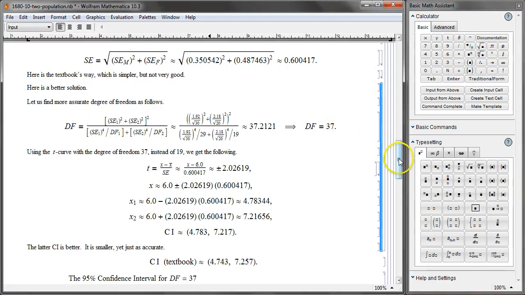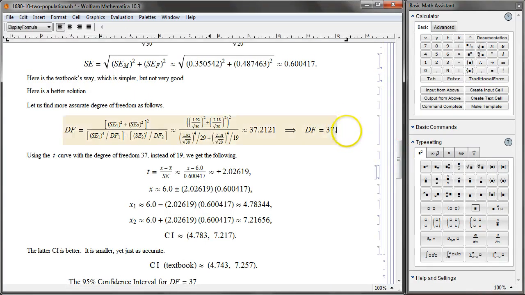This time you use the degree of freedom formula that I gave you. It's a bit tedious computation, but not really hard because this is just a substitution. Run your calculator after substituting and you're going to get 37.2 something. You get the degree of freedom of 37 after rounding down.